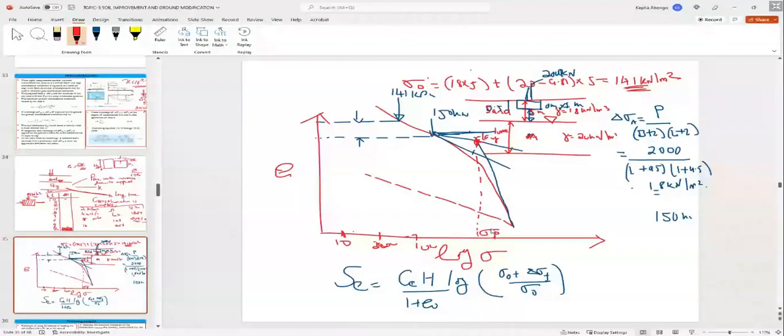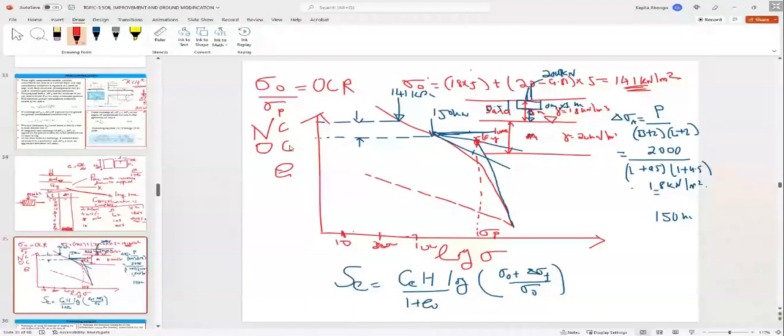So if you compare your initial geostatic stress, the soil overburden pressure, over the pre-consolidation pressure, that gives you what's known as the OCR.